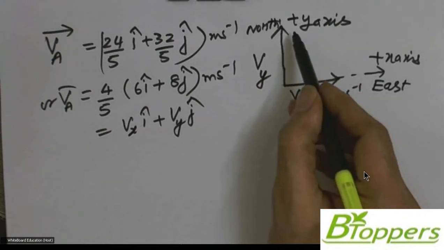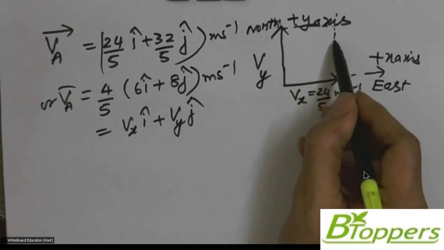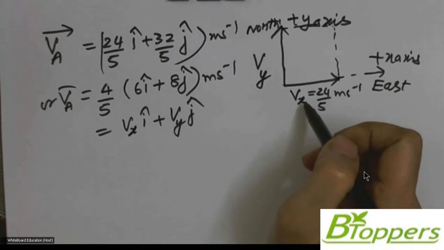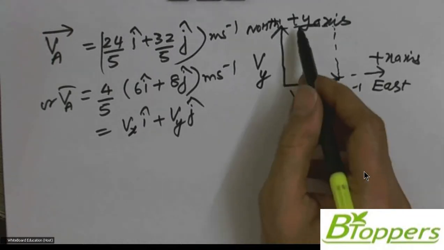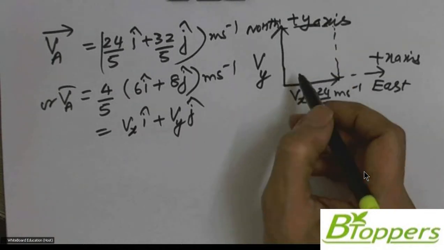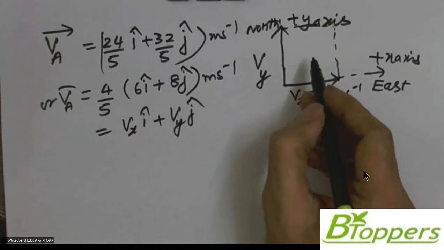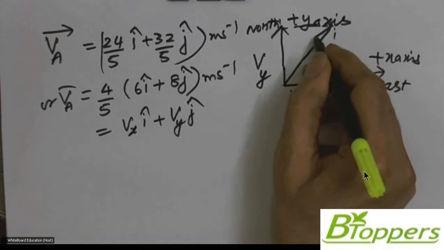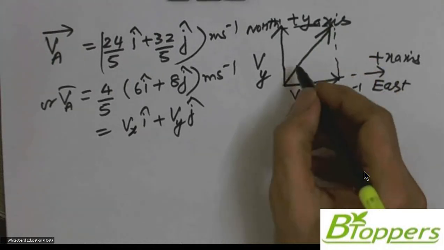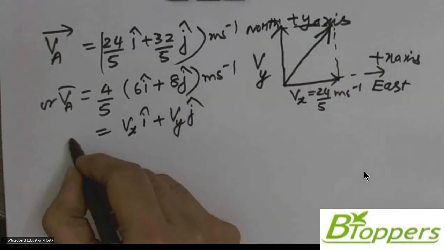So if we complete the rectangle by representing the two rectangular components Vx and Vy by the adjacent sides of the rectangle, the diagonal represents VA bar.